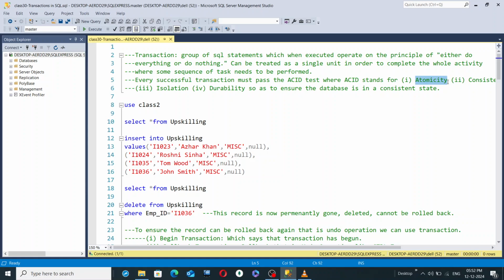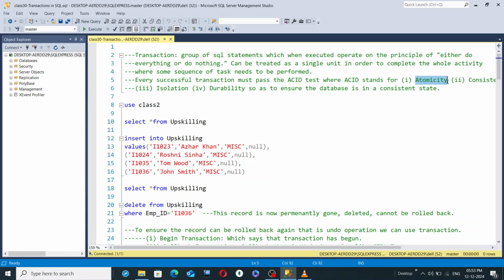The $200 will be credited back to X's account, and the balance of X should correctly update to $2,000. So the database reverts back to its old state. That is, X has $2,000 and Y has $200. But if all three steps are followed, then finally X will have $1,800 and Y will have $400.